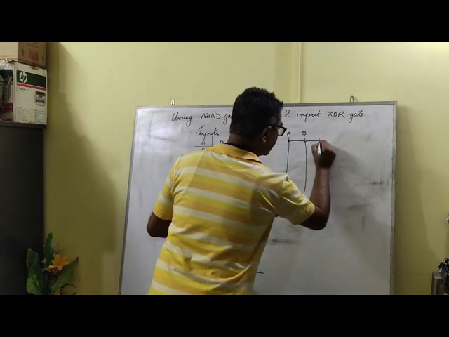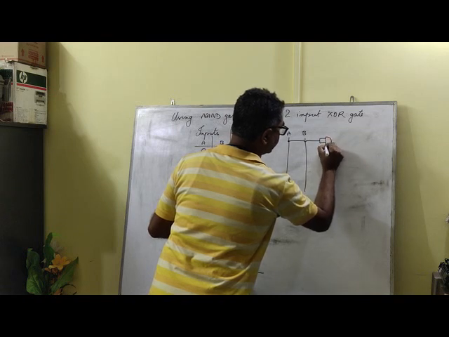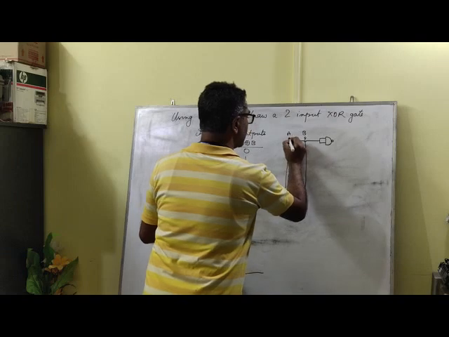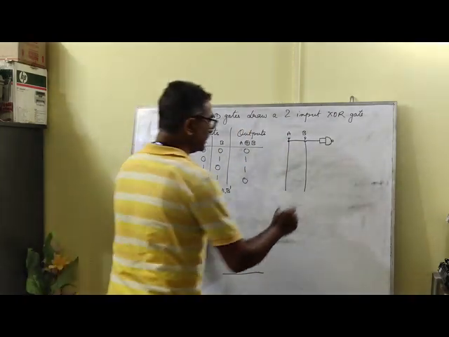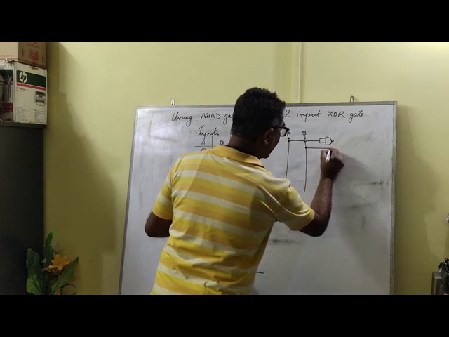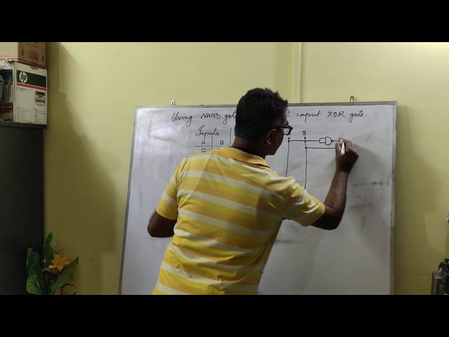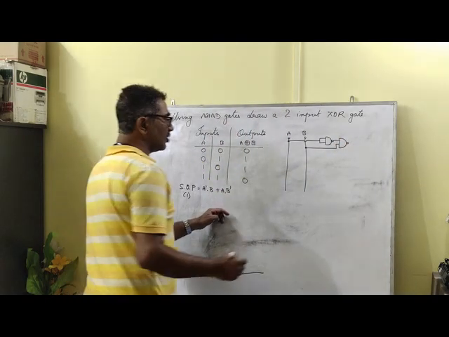So how do we draw that? We draw it this way, A NAND A. Let me put the arrows out here only. A NAND A. And then what do we have? Dot B. So from B again, we'll have one more NAND gate. So here we have one more NAND gate and then we have A dot B complement.